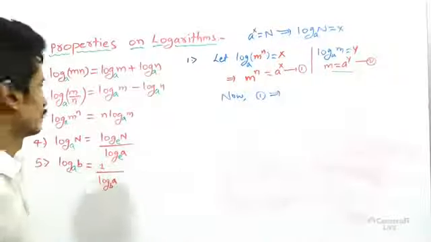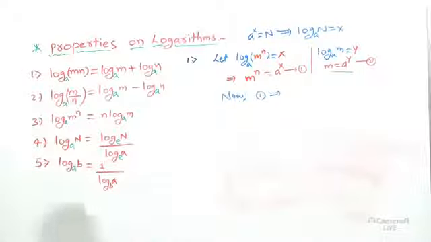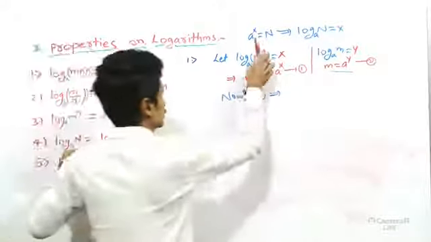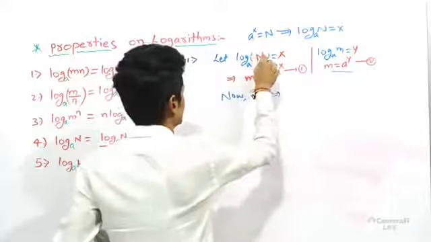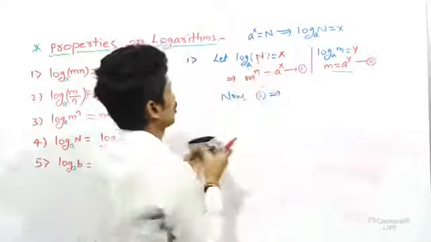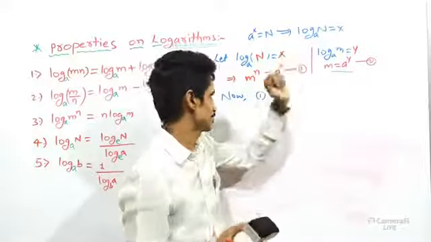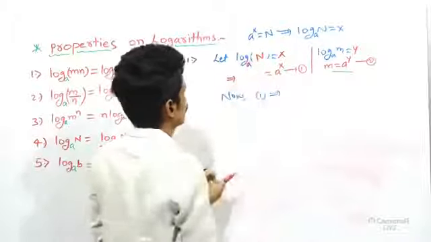Now taking property number 4, in that property number 4 LHS part I have log n to the base a. Simply I assume the number as n, so log n to the base a. Once again log n to the base a, I don't know the value, that's why simply I will write x. So write it in exponential form, hence it should be how much?